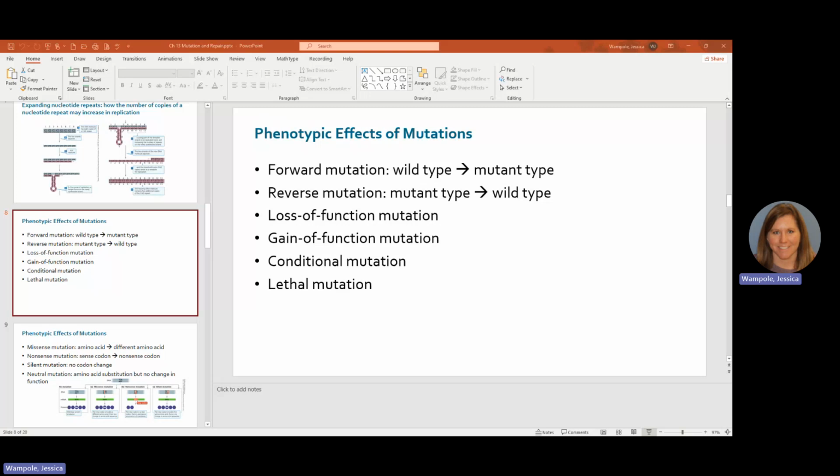A loss of function mutation is where usually the protein is not produced, or a functional version is not produced, so you basically have a dysfunctional protein. Gain of function mutation is basically going to restore the normal protein function.